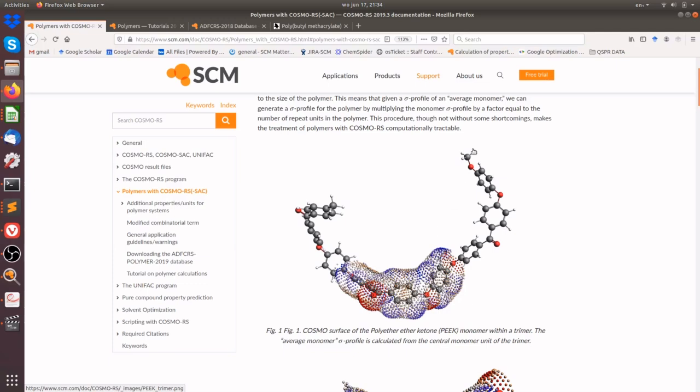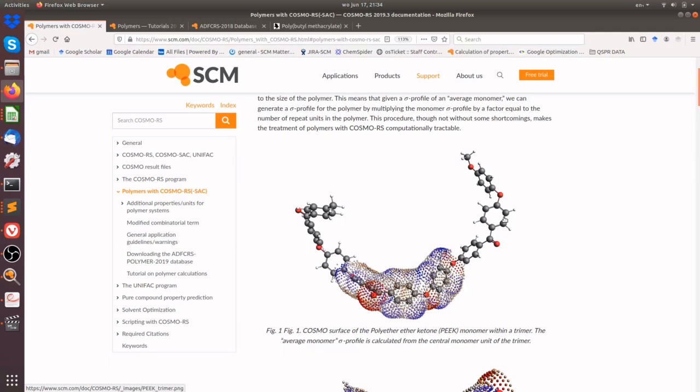We do a geometry optimization of the trimer, and then we construct the sigma profile only considering the surface points that correspond to the central monomer. So essentially, from the monomer's perspective, it sees what it would see as though it were part of a much bigger polymer. On both sides it sees a copy of itself, which is exactly the situation it would be in if it were in a much larger polymer.